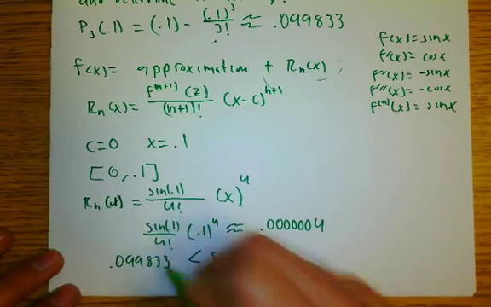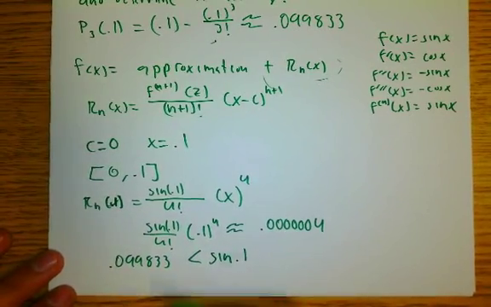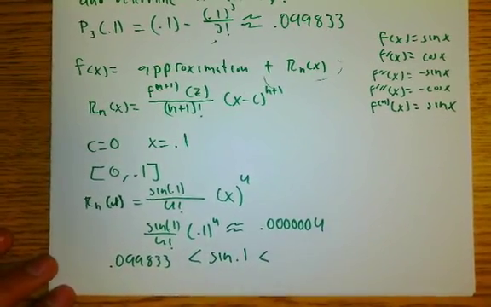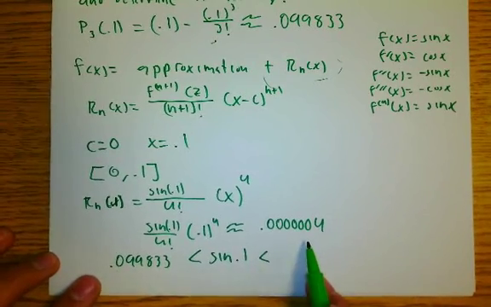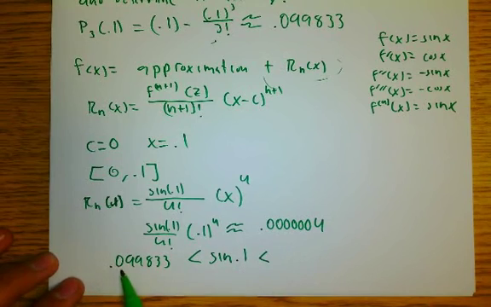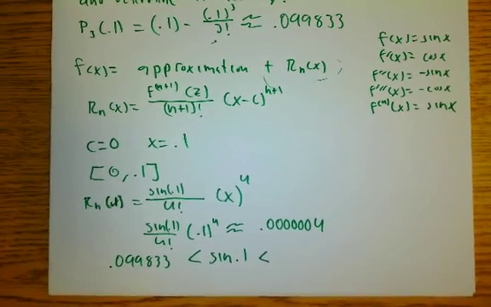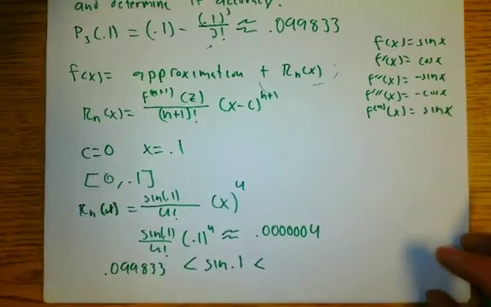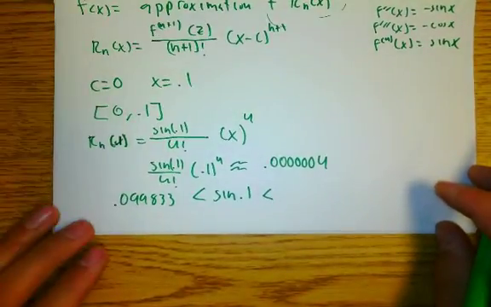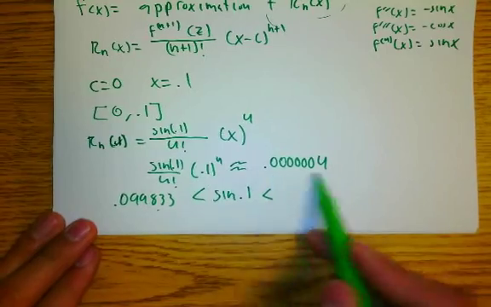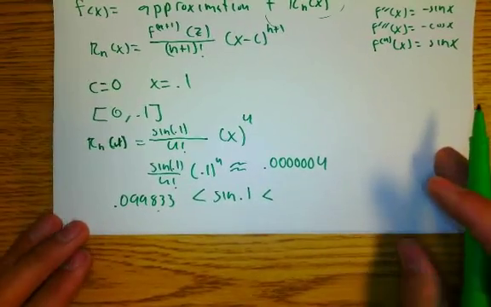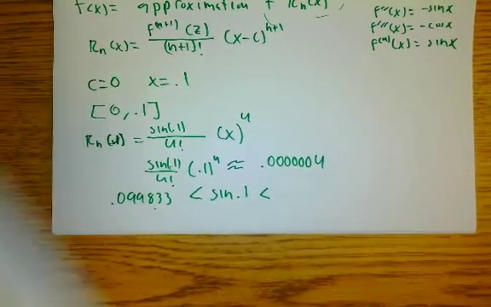Try it on your calculator. I don't know what that would be. So take this number and add this number to it. Because remember, that's what the theorem said: if you take your approximation and you add your error, that's even closer to what your f of x is going to be, right? So in this case, sine of 0.1 has to be greater than that, but it's got to be less than whatever that addition is.